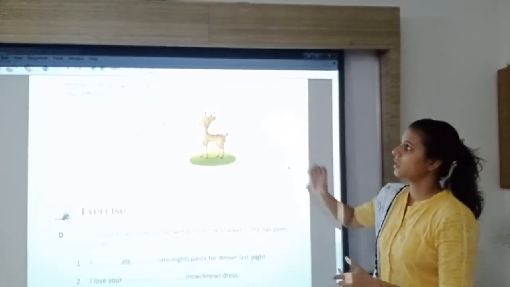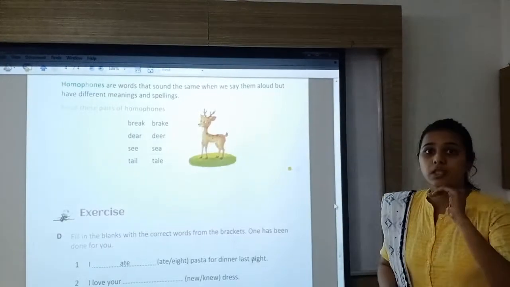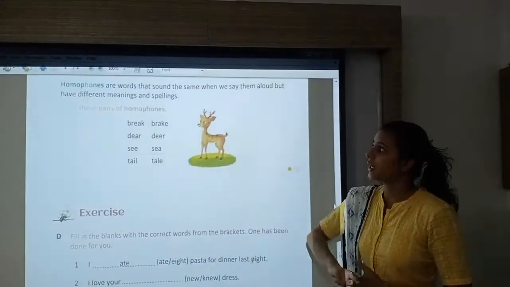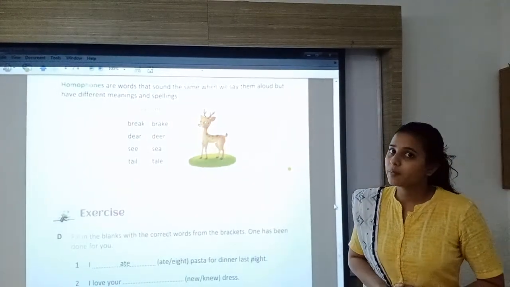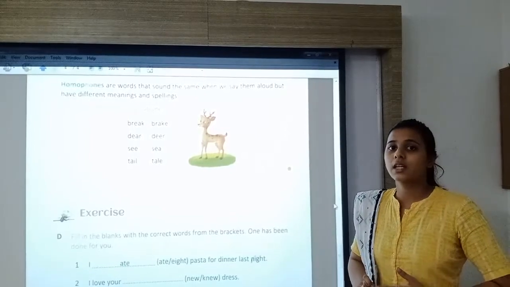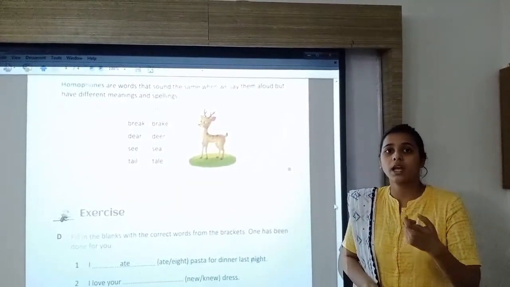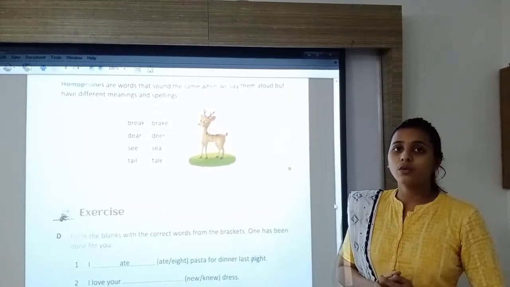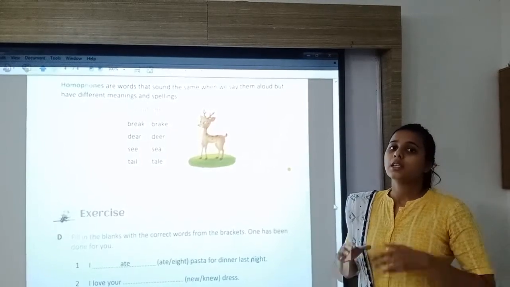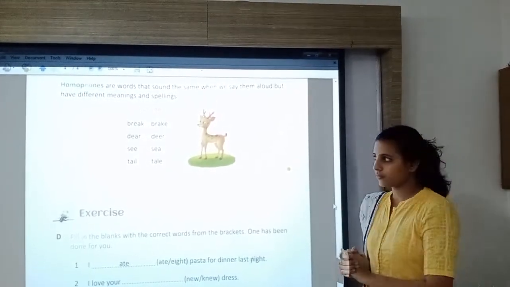Homophones are words that sound the same when we speak or when we pronounce, but have different meaning and different spelling. When we write, the spelling will be different and the meaning will be different. But when we speak, the sound will be similar. So those words which have similar sound are known as homophones.